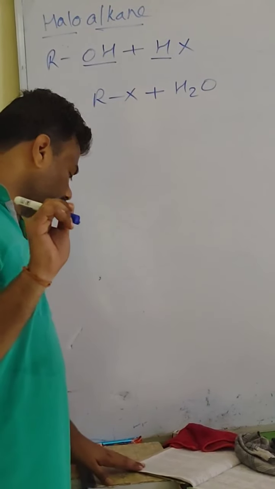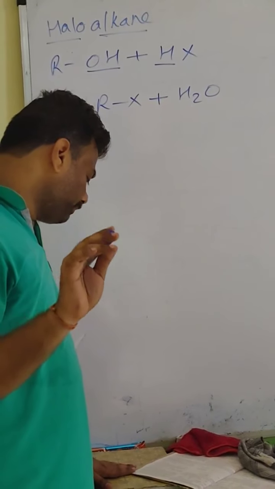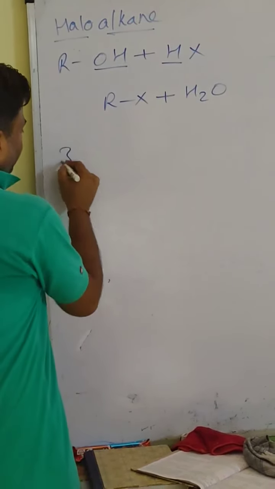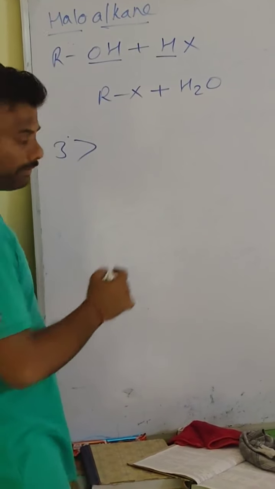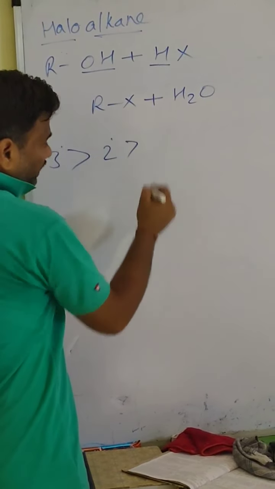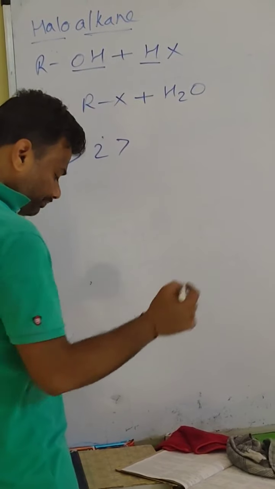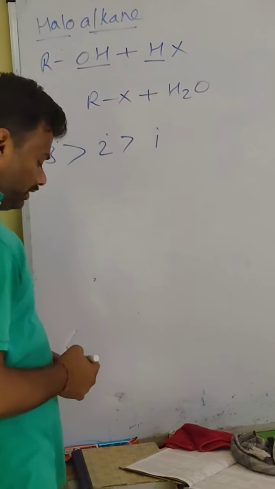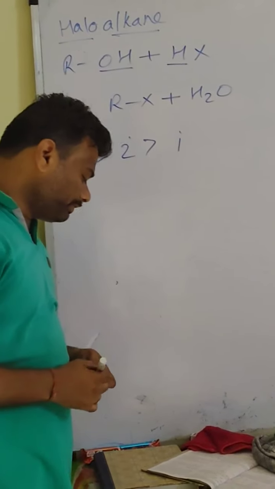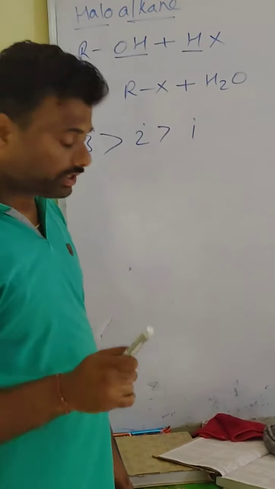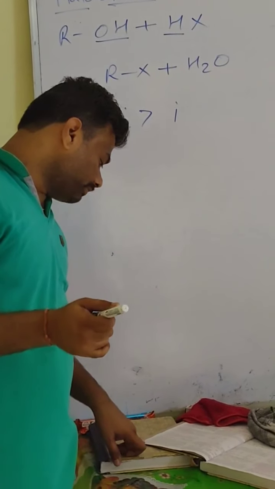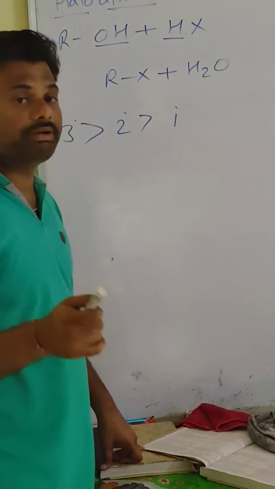This is another way of preparing haloalkane, and it follows an order: it is seen maximum in tertiary alcohols, then secondary, then primary. The reason is stability.